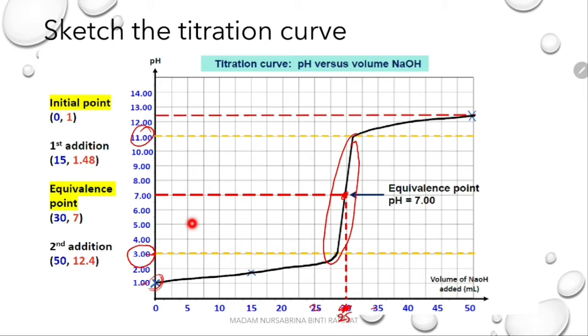Then it slowly increases but never reaches the asymptote, which is the initial pH of our NaOH, which is 13. So it will never cross pH 13. This point is when we add 45 milliliters of NaOH.